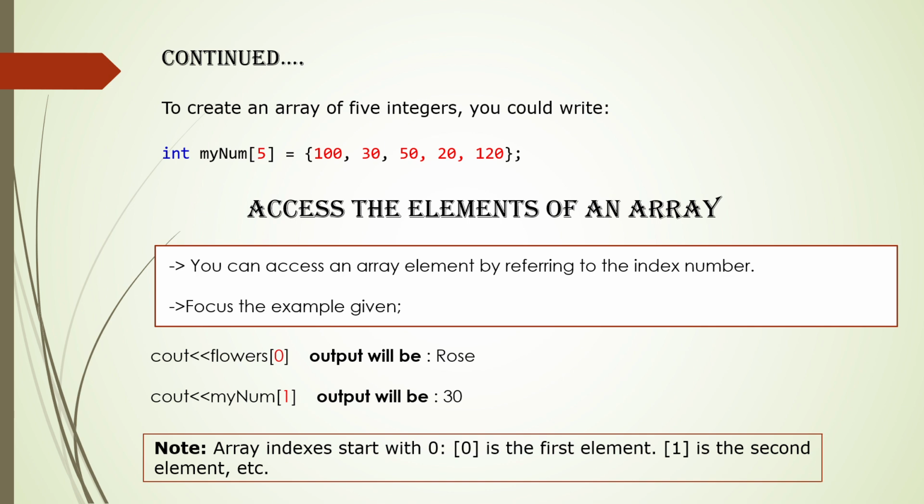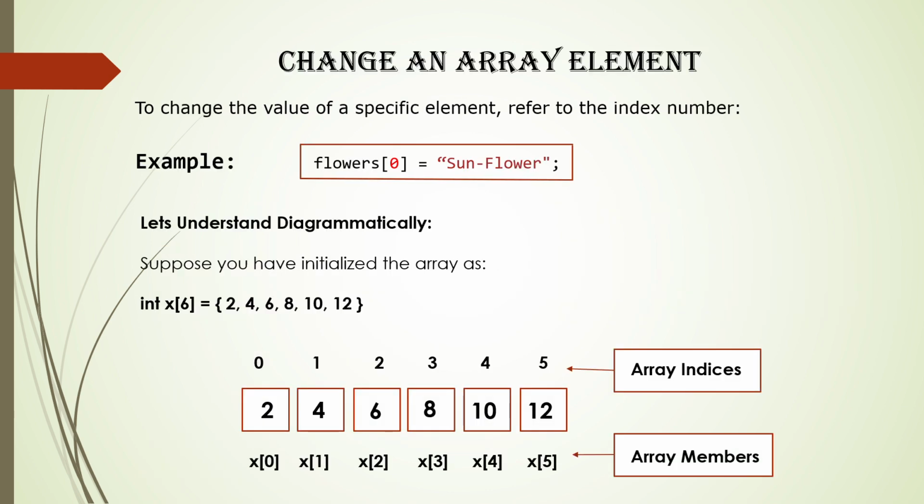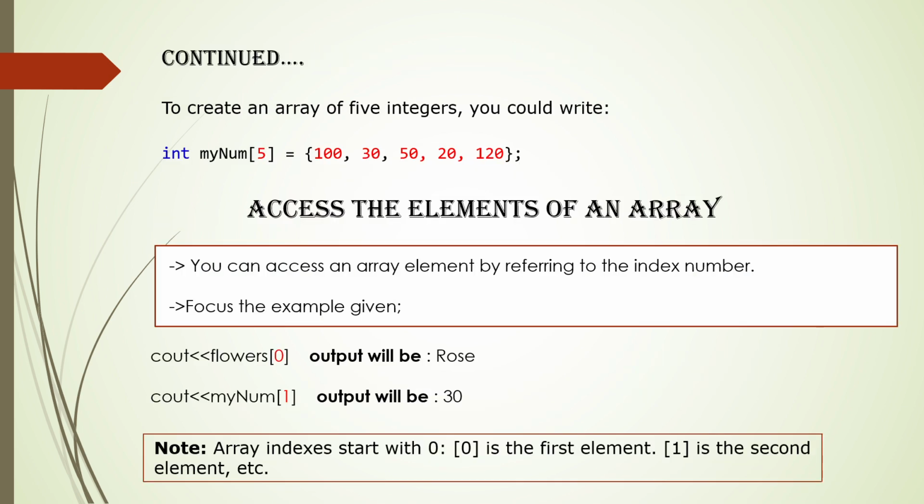Since we are clear with index numbers, let's see how to access a particular element. Here I have mentioned cout, then flowers of 0, with 0 in the square brackets, and we got the value as rose.